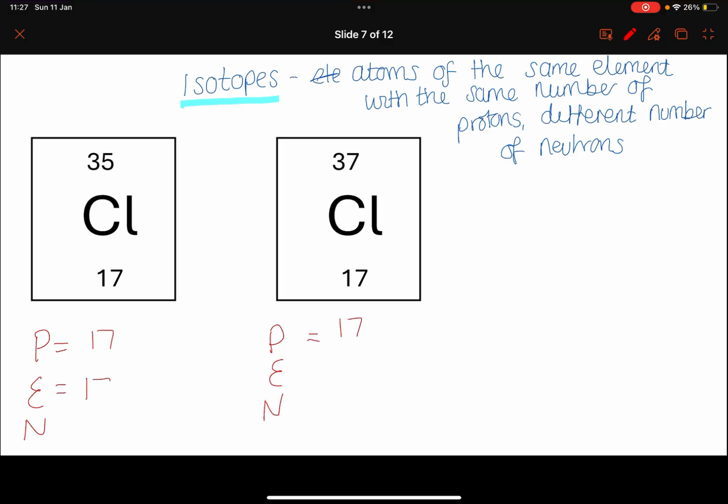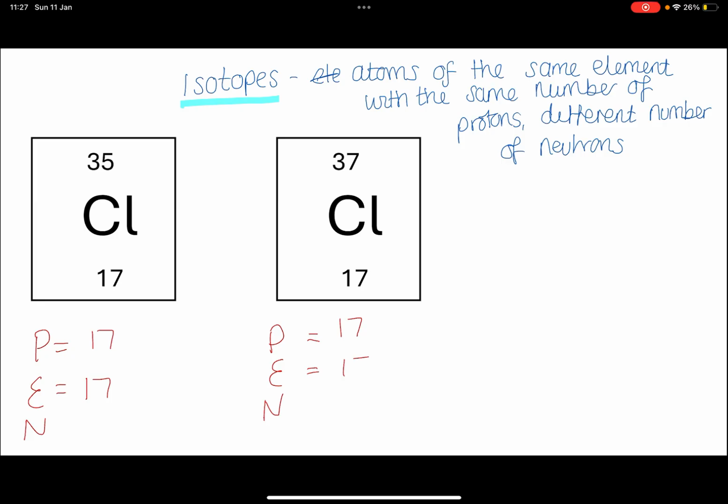Bottom number for electrons, they've also both got 17. And then we're on to our neutrons, so 35 minus 17, so this one's got 18, and then this one has got 20. So they are both what we call isotopes of chlorine, because they've got the same number of protons and electrons, but that different number of neutrons.